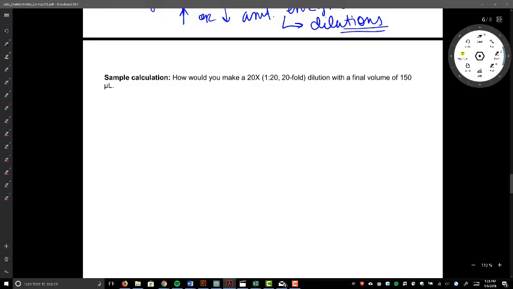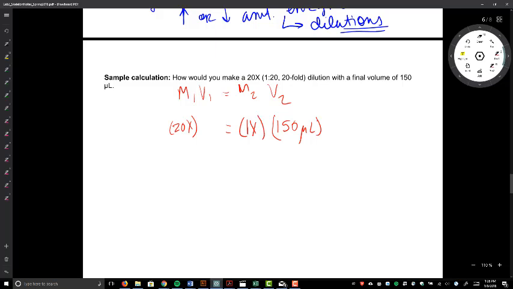All right, so with the dilution equation, we have M1 or M initial V1 equals M2 V2. So we know that we want our final volume to be 150 microliters. And the concentration of our stock is 20x, or it's 20 times more concentrated than our 1x or our final solution. So we have to solve for how much of the 20x we need to add to make a 1x solution of 150 microliters.